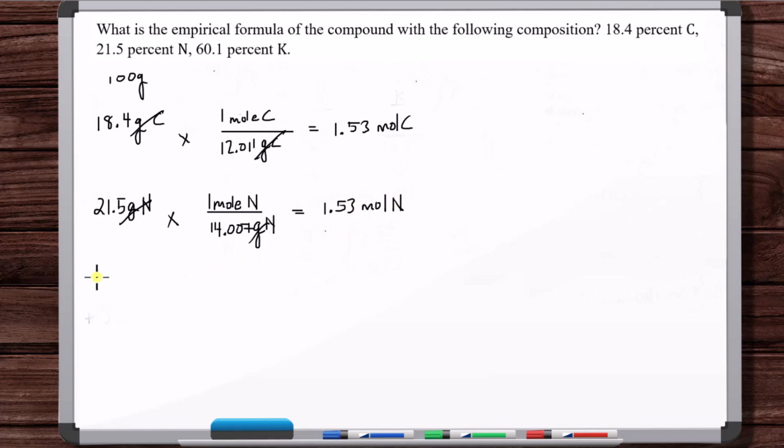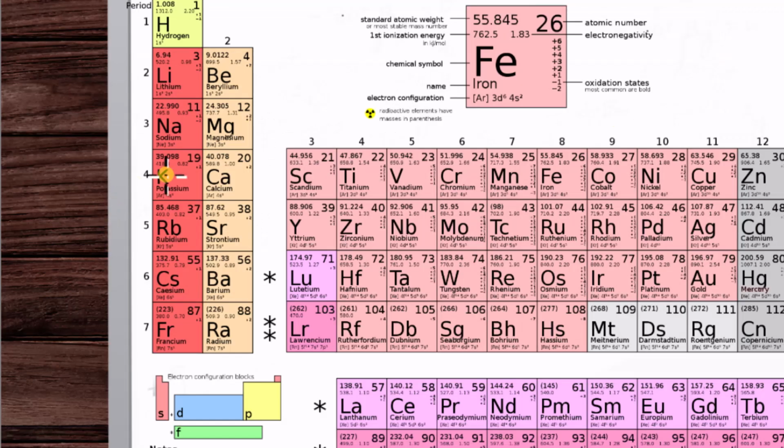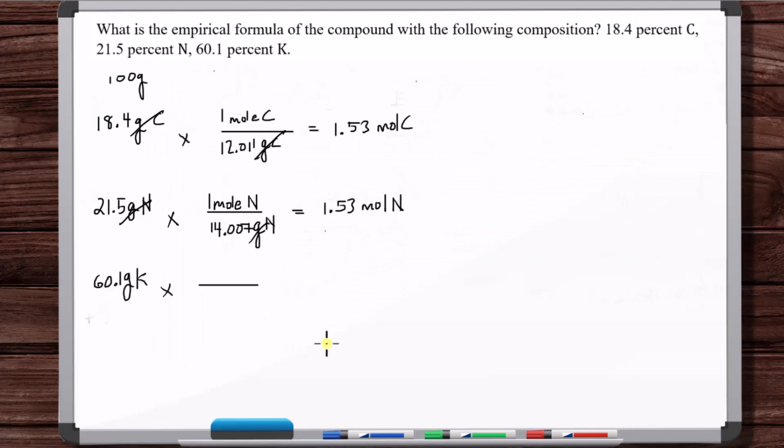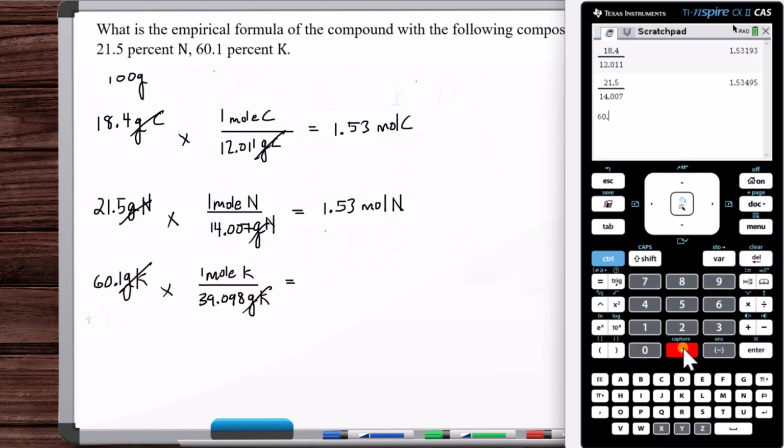Okay, and then 39.098 grams of potassium per 1 mole. So 60.1 divided by 39.098 is 1.54.